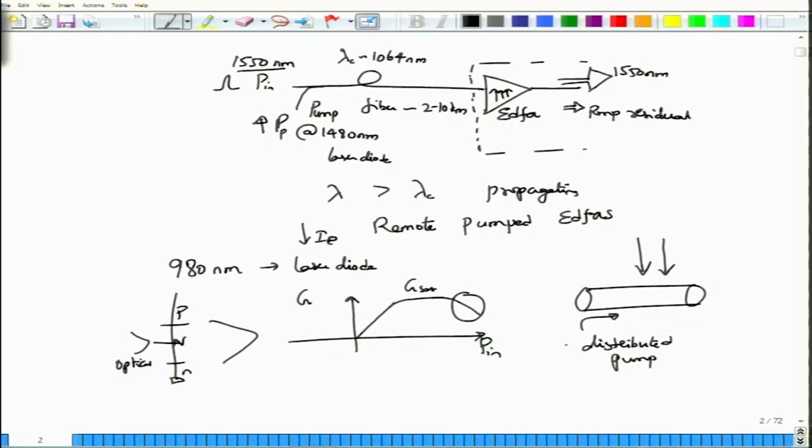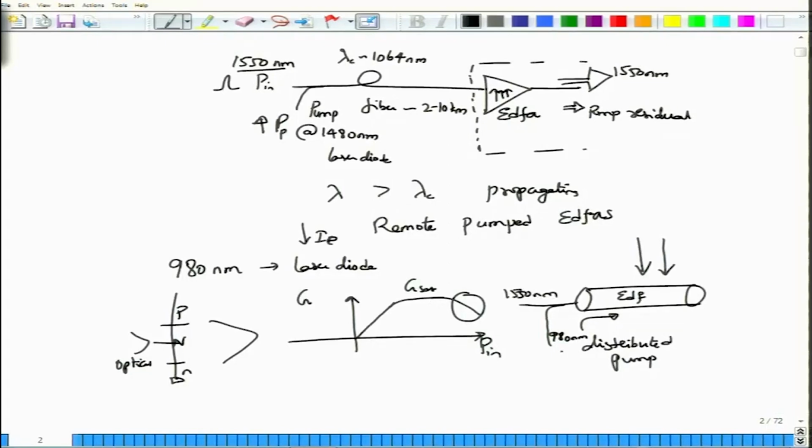However, in this case, the 980 nanometer pump has to be coupled along with the light that is propagating. So clearly, if 980 nanometer has to be coupled, the cutoff wavelength of this erbium doped fiber must be different than that of the single mode fiber, in the sense that it has to have a lower cutoff wavelength so that it can support 980 nanometer on one hand and of course 1550 nanometer on the other hand.